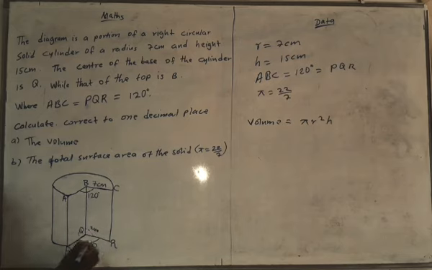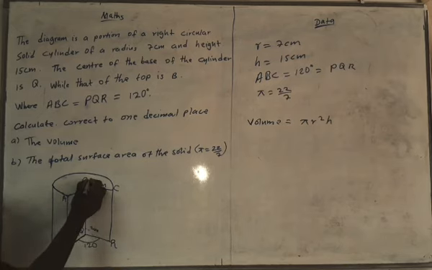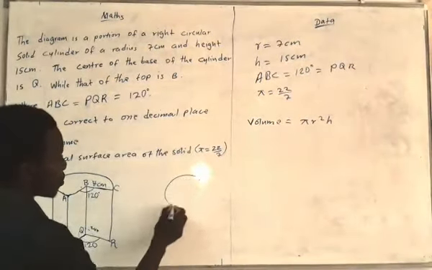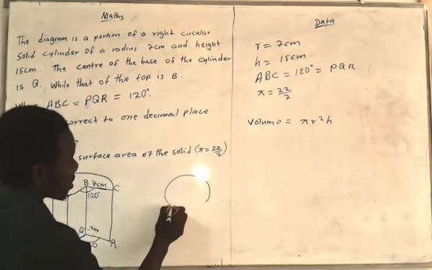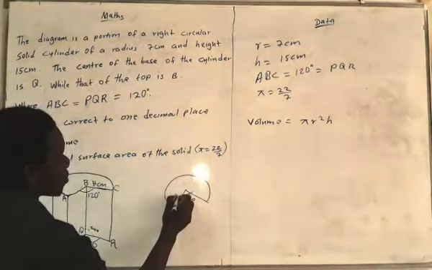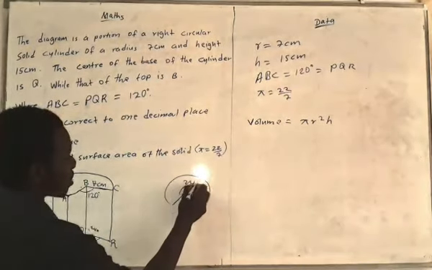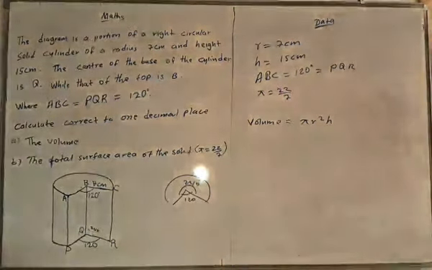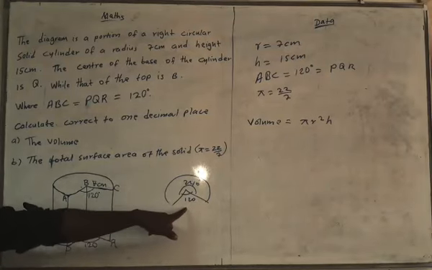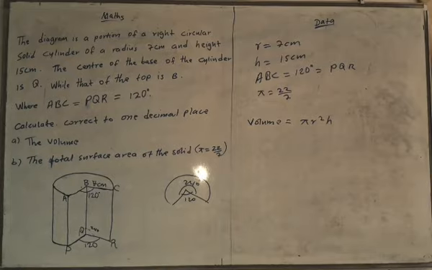So inside will be 240. Let me wipe it and redraw it here. So you have a circle like this. 120 is out, so we are left with 240. In order to calculate the volume that is left, it's going to be the 240, not the 120, because 120 is out of the diagram.